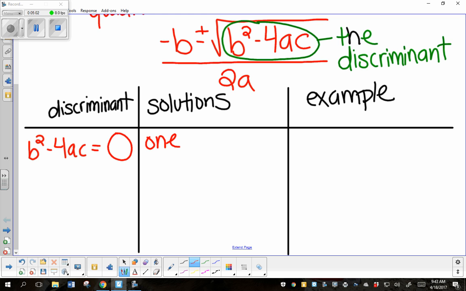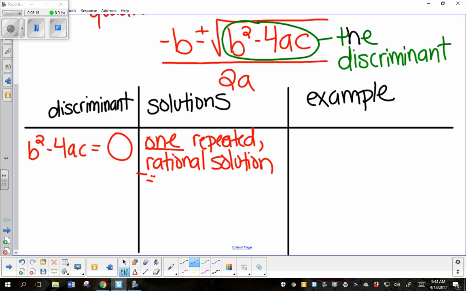So you just have 1 repeated, it's kind of like you have the answer twice. Rational solution. So remember, rational means it's going to end up being a nicer number that we could make a fraction out of. It's not like pi, not some number that goes on forever with no repeating. It's a nicer number.